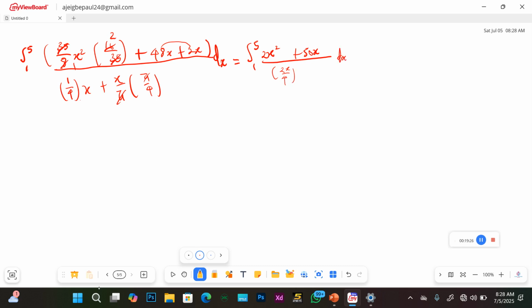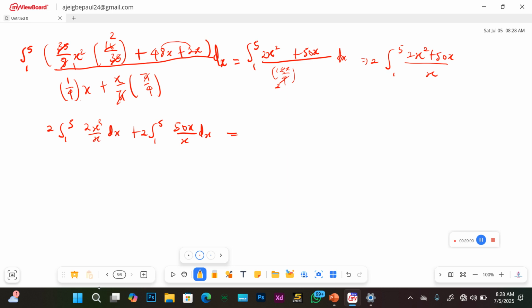All right, so 2 in 2 is 1, 2 in 4 is 2. So you can write this as 2 multiplied by the integral from 1 to 5 of 2x squared plus 50x over x. Then if you apply linearity, you're going to have 2 multiplied by the integral from 1 to 5 of 2x squared over x dx, then plus 2 times the integral from 1 to 5 of 50x over x dx.